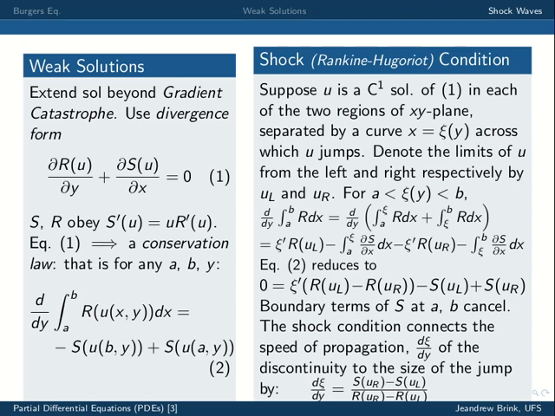You simply stitch the solution coming from the characteristics connected to the Cauchy curve on the left to the solution from the characteristic curves connected to the Cauchy curve on the right, and you work out what the value is. Then you know that the shock speed is going to be determined by how the actual solution jumps on the left and on the right. Okay, pretty.